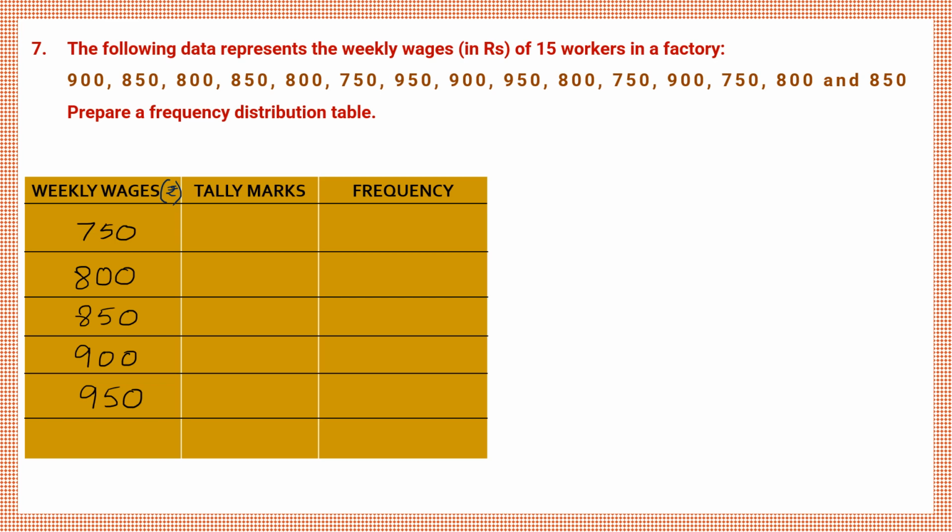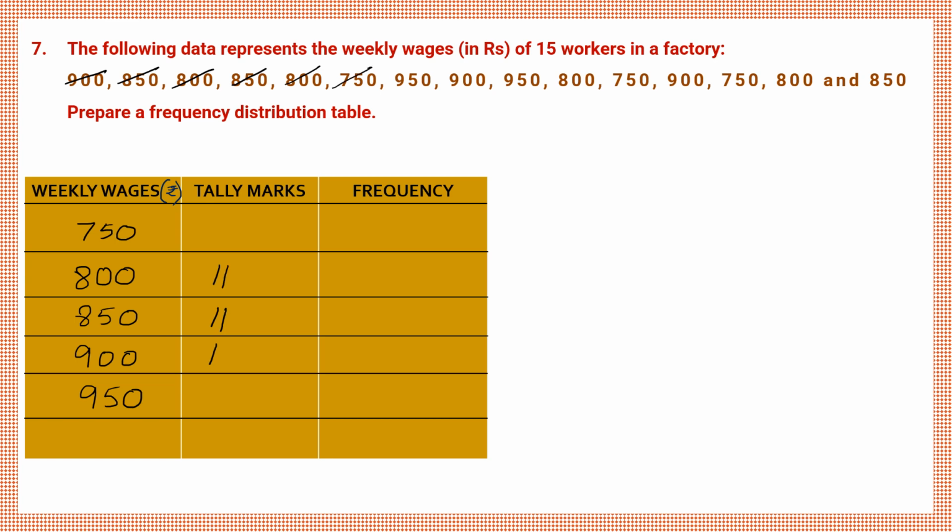Let's begin with the first number, 900. So a tally mark against 900, then 850. So 1 for 850, 800, 850, one more. So let's add one more tally mark there. 800 also, one more.